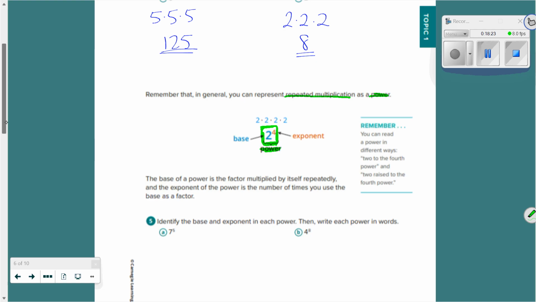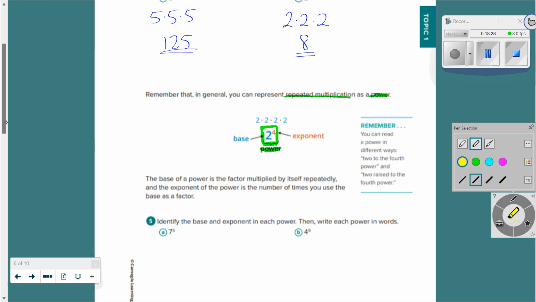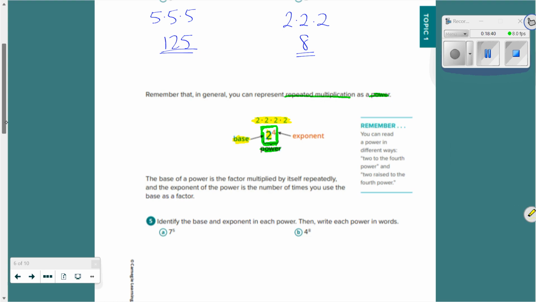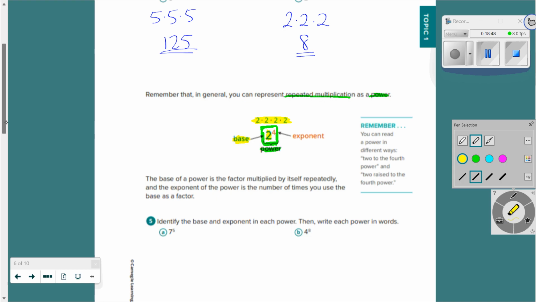The power is made of 2 pieces. The first piece is the base. Our base is just the number that is being multiplied by itself. You can see there are 4 2's. The 2 is the base multiplied by itself. The other piece of it is our exponent. If I count up how many times the 2 is multiplied by itself, that's what the exponent is.